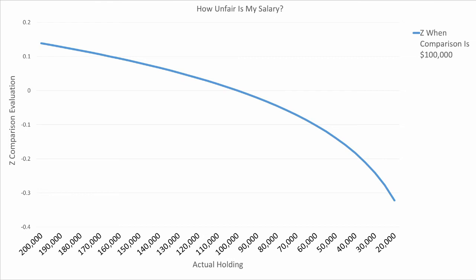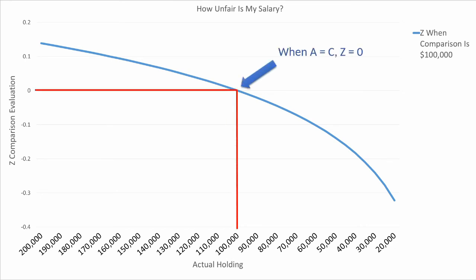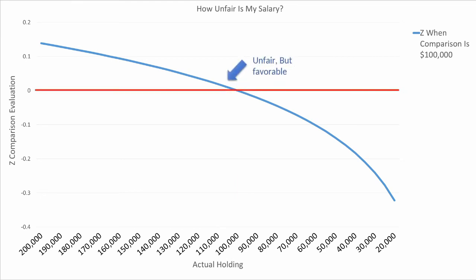Notice how for an actual holding of $100,000, the value of Z is 0. This represents a comparison of perfect fairness. When A equals C, Z will always equal 0. Positive values of Z represent unfairness that favors the person making the comparison, and negative values of Z represent unfairness that disadvantages the person making the comparison.